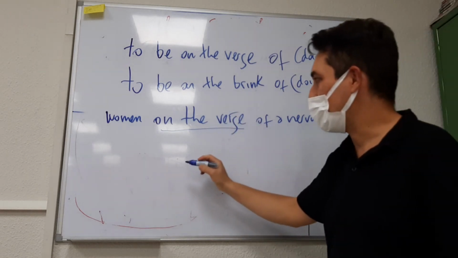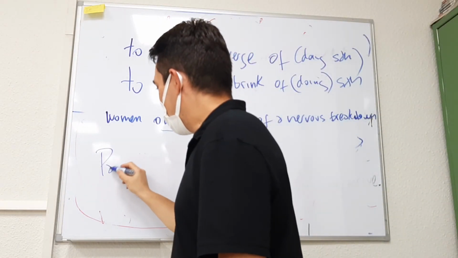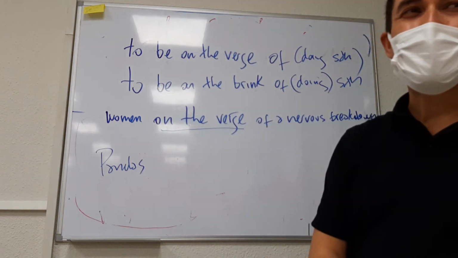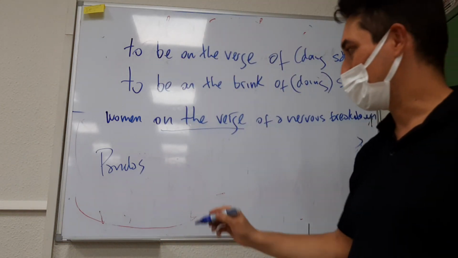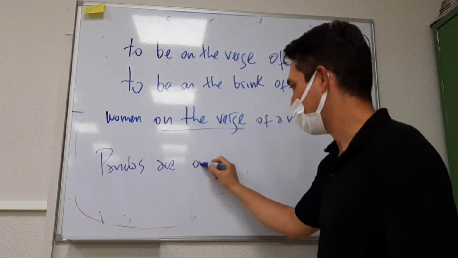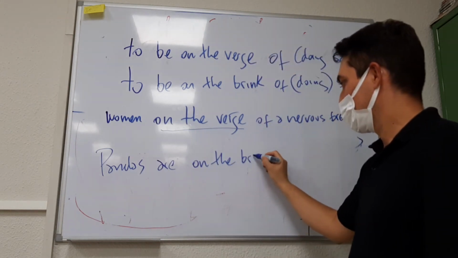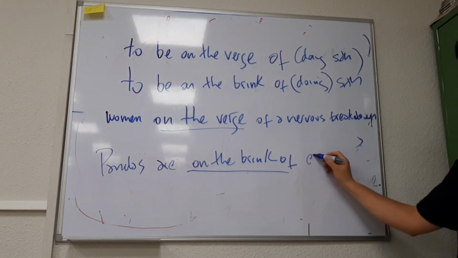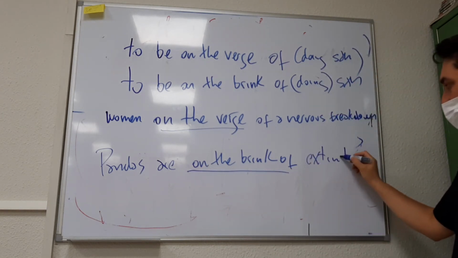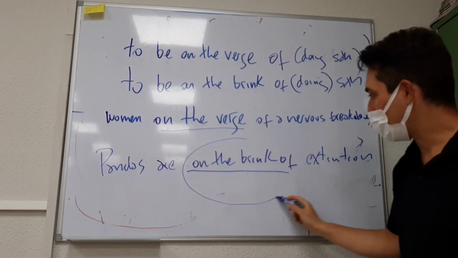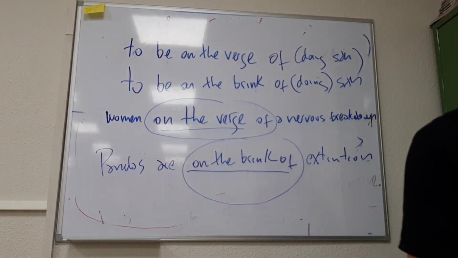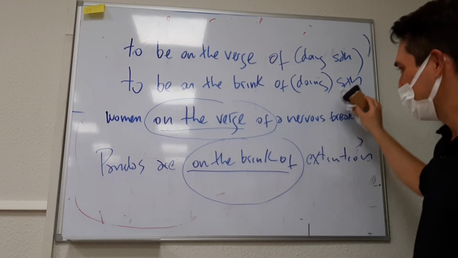So women on the brink. You could say pandas. Los pandas están al borde de la extinción. Pandas are on the brink of extinction. So on the brink of, on the verge of, very near future, potentially near.